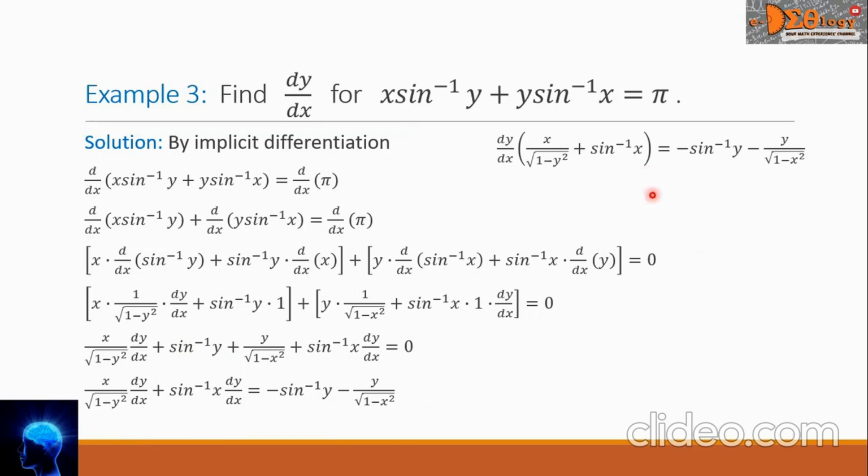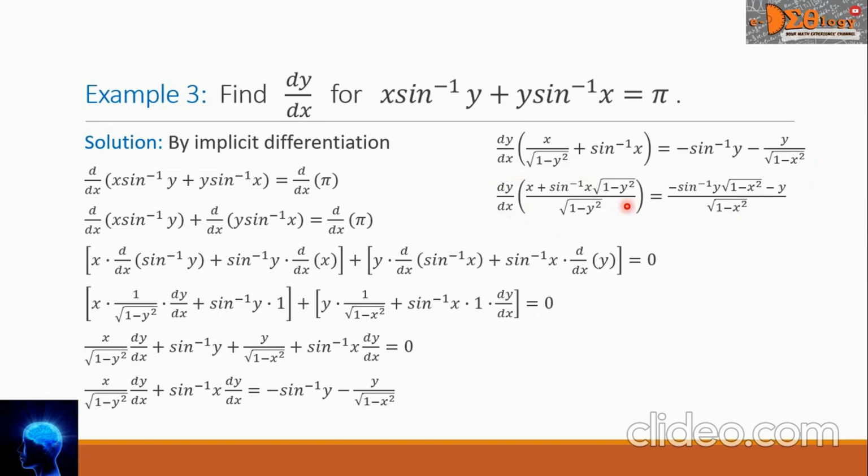For our next step, we're going to combine these two terms into one single fraction. We will do the same on the right side. So it will be like this now. The next is we will isolate dy over dx by dividing this equation by this fraction.